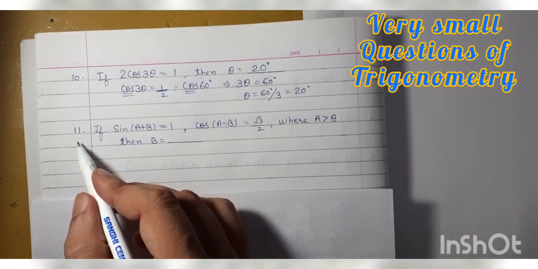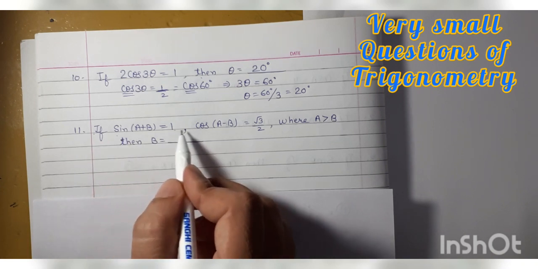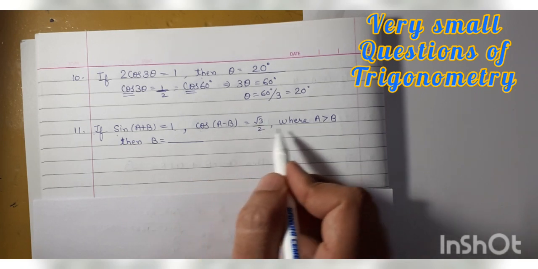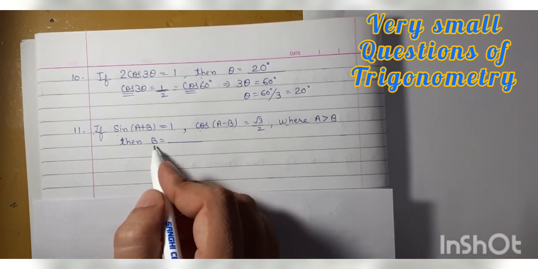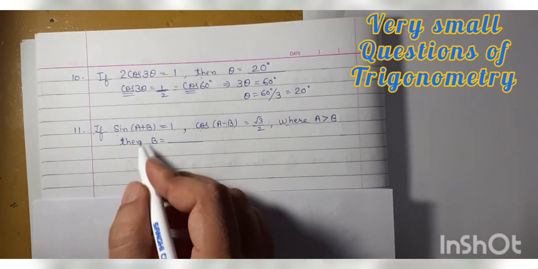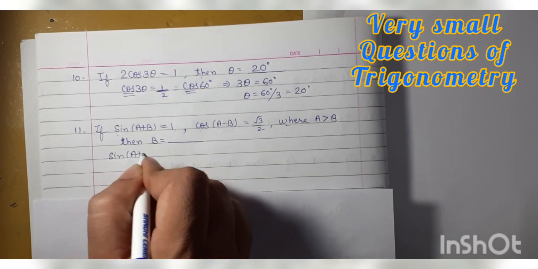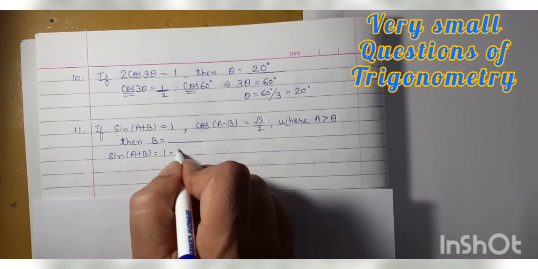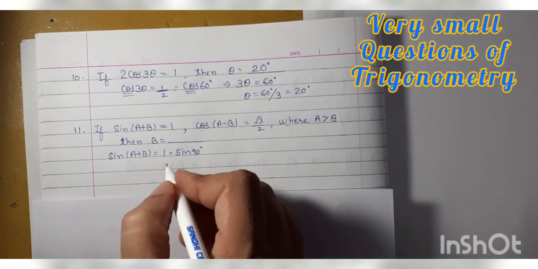Question number 11. Very important one. If sin(a plus b) equal to 1, cos(a minus b) equal to root 3 upon 2, where a is greater than b, then you have to find angle b also. Okay. Sin(a plus b) equal to 1. See in the sine table, when 1 is coming, you will get 1 at sin 90 degree.